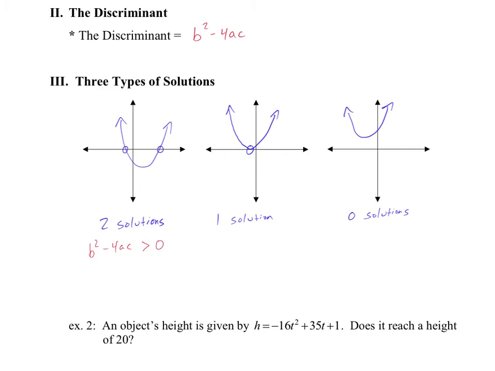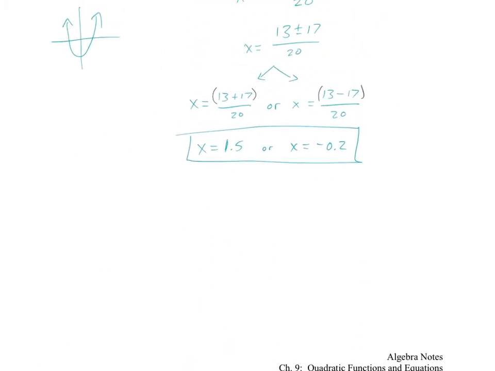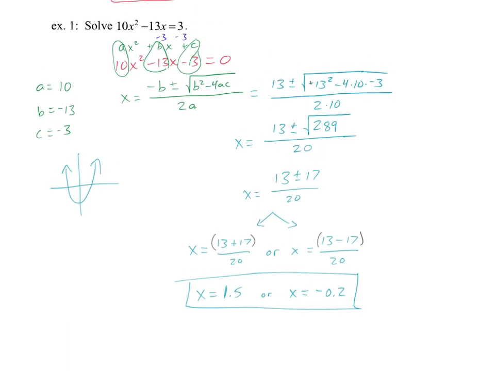Because if what's inside that radical is greater than 0, we can square root it, and we'll get a positive real number that we could add to negative b and get an answer, and subtract from it and get a different answer. If we're going back before with 1 solution, there's only 1 possibility that'll give us 1 solution.